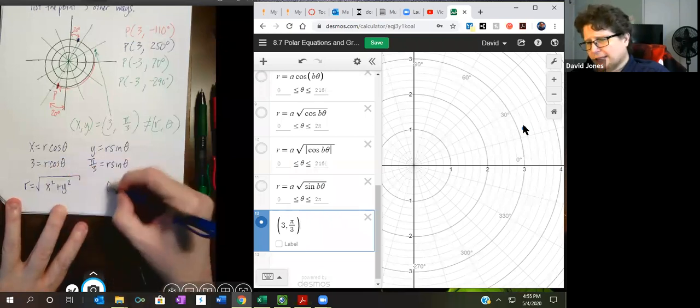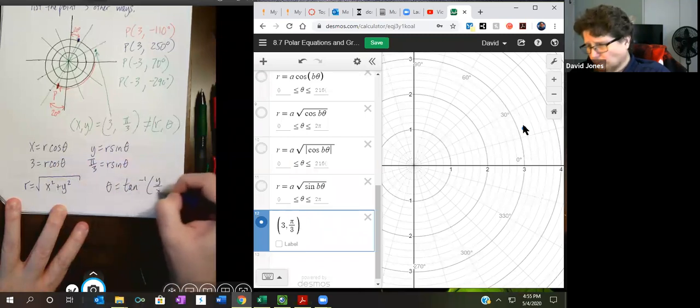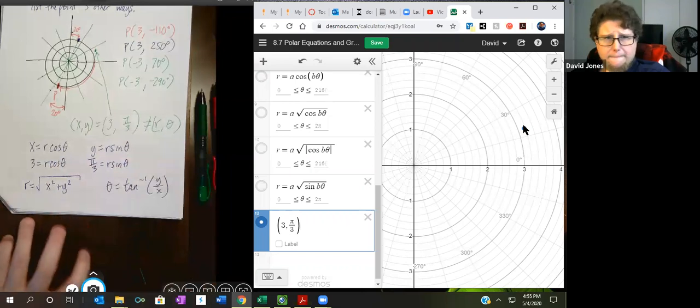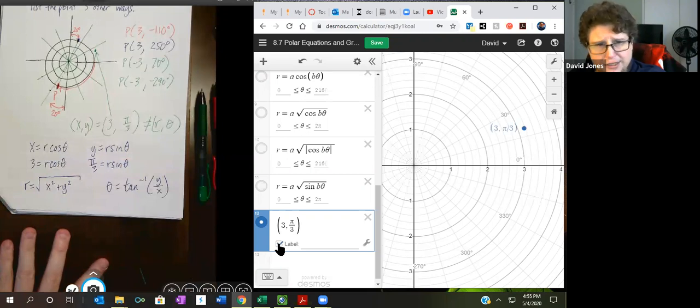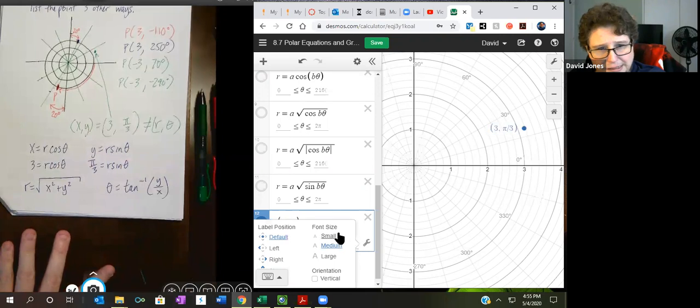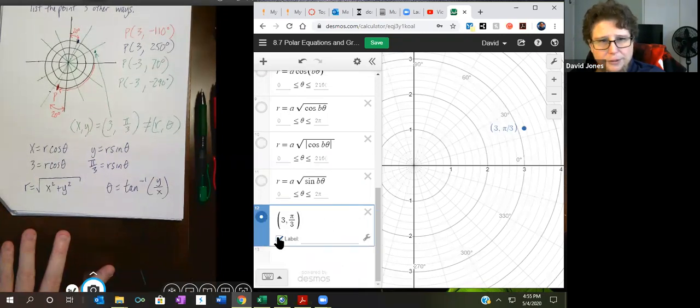And we would have to find theta doing tangent y over x. Okay. And notice these get you different values than what we see, because this is showing us in x and y. What does label do? I'd say, just put it. What does the wrench do? It just helps describe where to put the label. Okay.